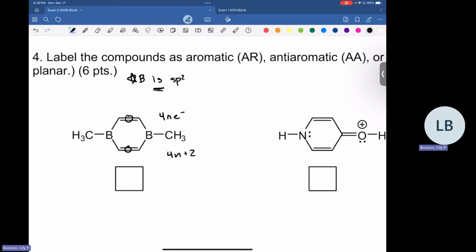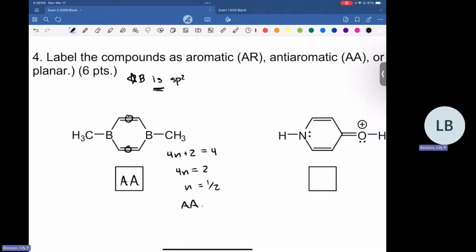If we put 4 into this 4n plus 2 rule, we get, sorry, 4n plus 2 equals 4. So 4n is equal to 2, and that gives us n equals 1/2. We don't get an integer value, so this specific structure does not satisfy the aromatic rule, so it would be considered anti-aromatic.